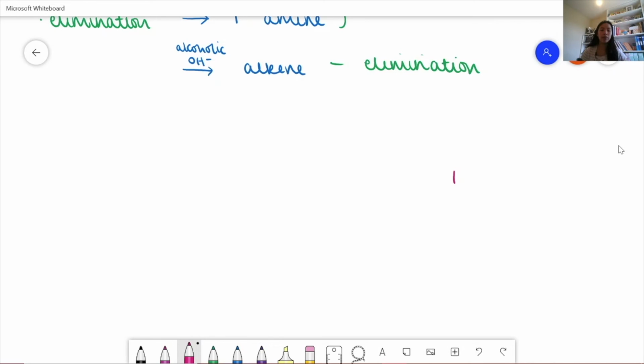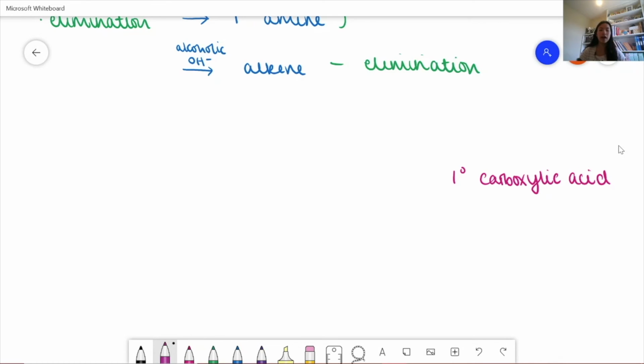So we have a primary carboxylic acid, and ways in which we can form this primary carboxylic acid is, firstly, we can undergo oxidation. So we can form it from either a primary alcohol or an aldehyde, because we know that primary alcohol will oxidize to an aldehyde, and an aldehyde will then oxidize to a primary carboxylic acid.